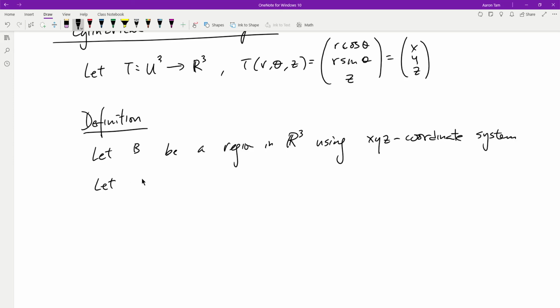And let's say we have T of r, theta, z be the cylindrical coordinate transformation.